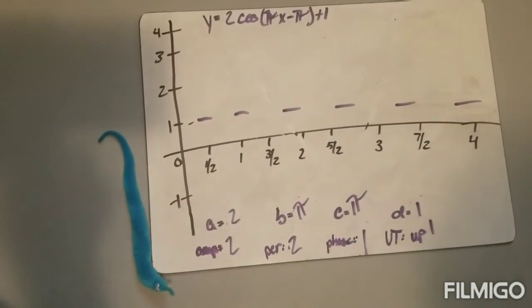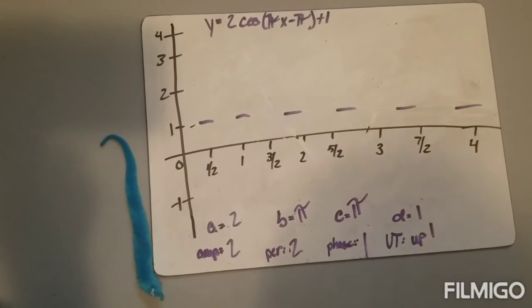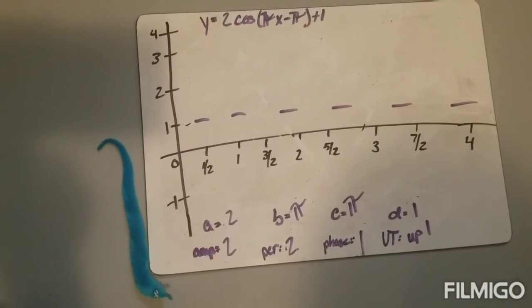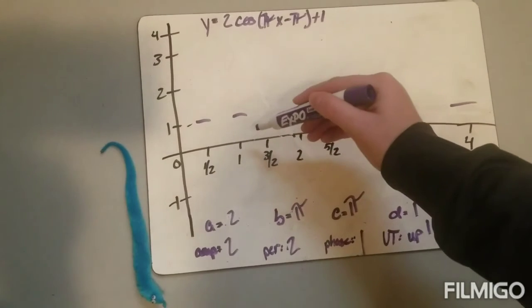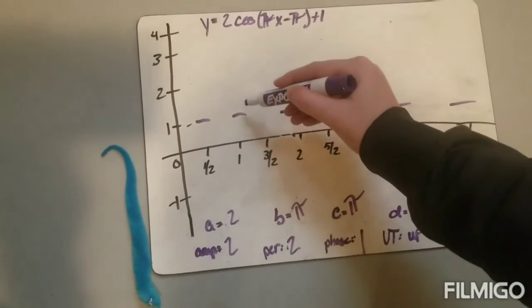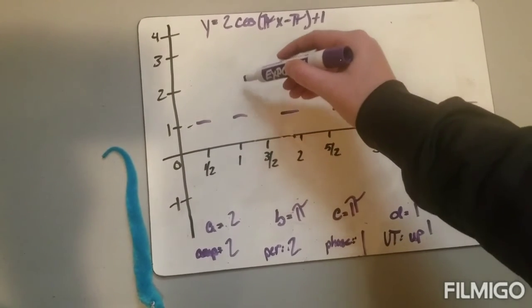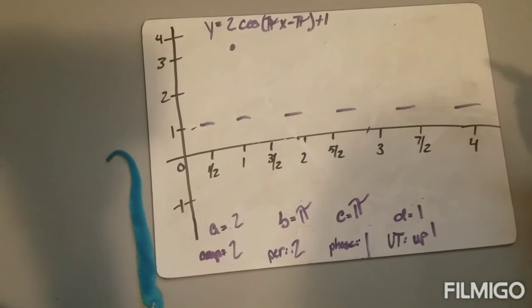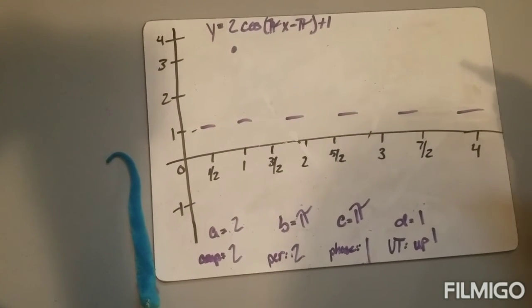Now we actually have to graph it. So the first thing you do is look at your phase shift, and that's where you start. This is on the x-axis. You go to your phase shift, and then you go up 2 from your midline. At your next interval, you're going to be on the midline.